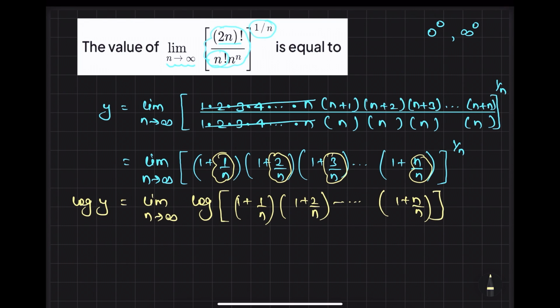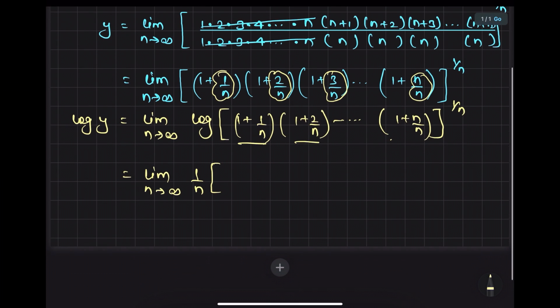Now you know that if anything is written in the power, the exponent comes out as a coefficient. So we will ask that thing to come outside, like the coefficient. So limit n tends to infinity 1 by n, and you have log of a b c dot dot dot. I can break down that expression into addition form.